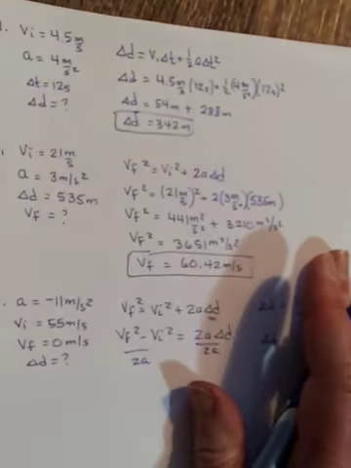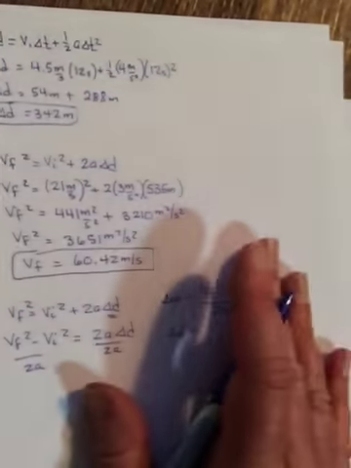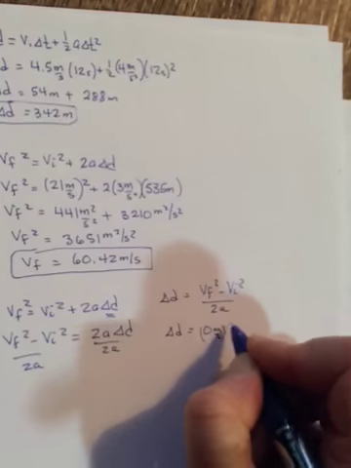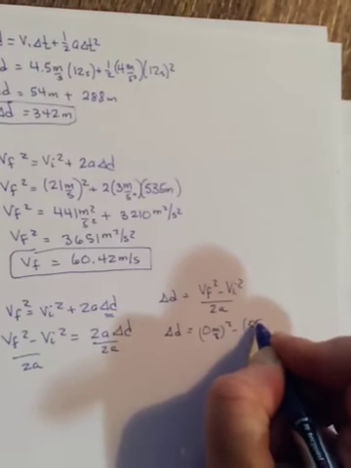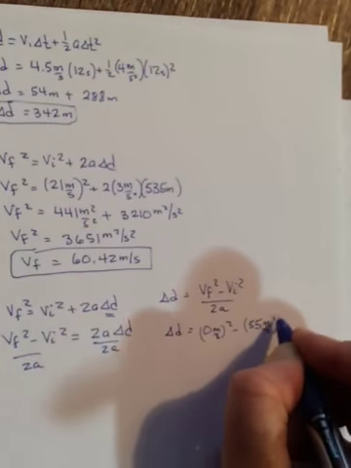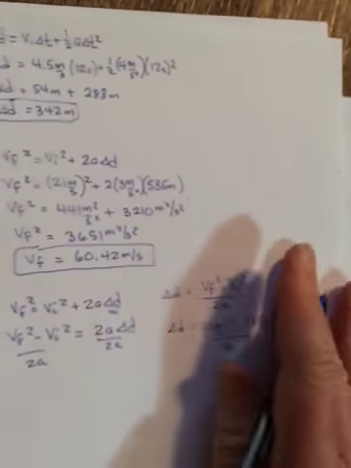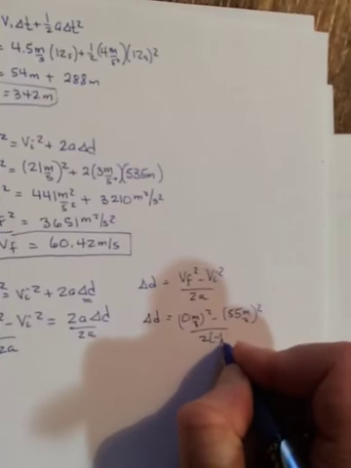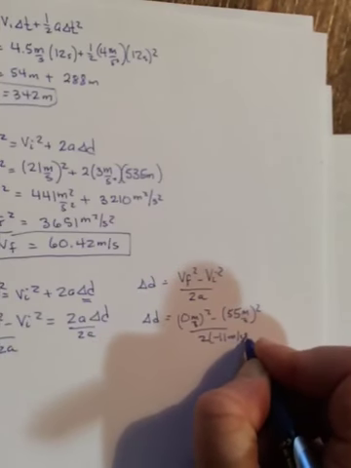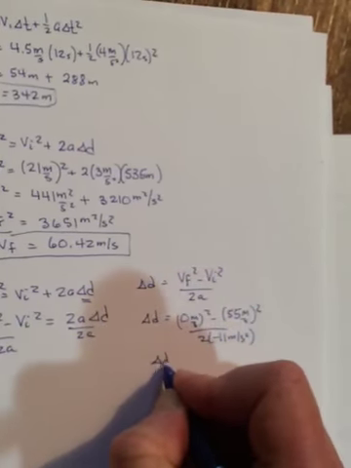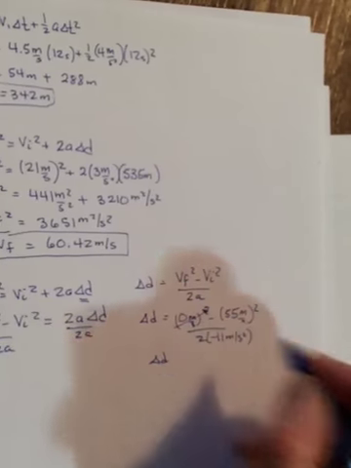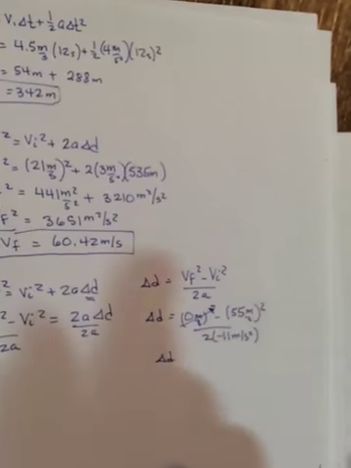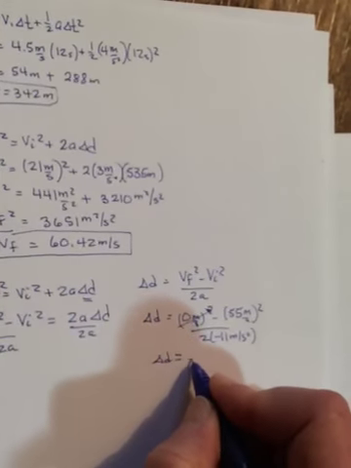So VF was 0, VI was 55. So 0 meters per second squared minus 55 meters per second squared over 2, and A was negative 11 meters per second squared. Okay, so this just disappears. So in the top, you get a negative that doesn't get squared because it's outside the bracket.